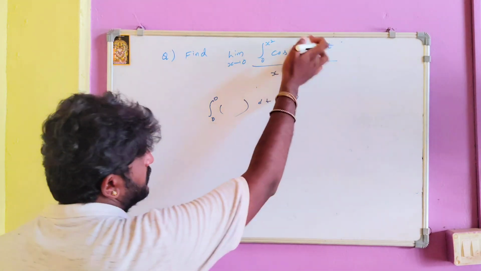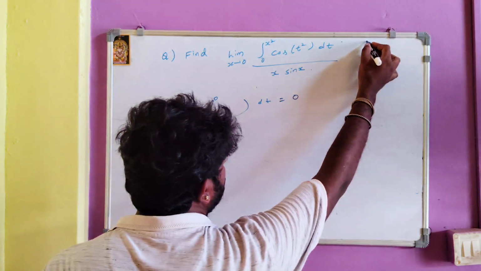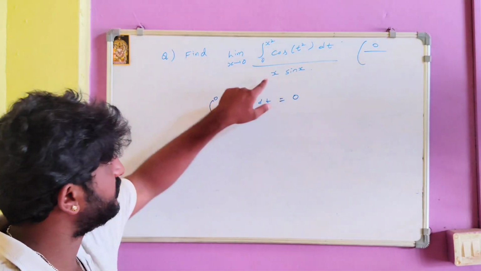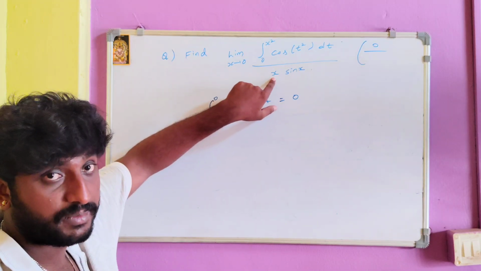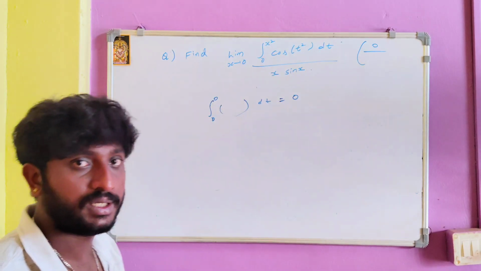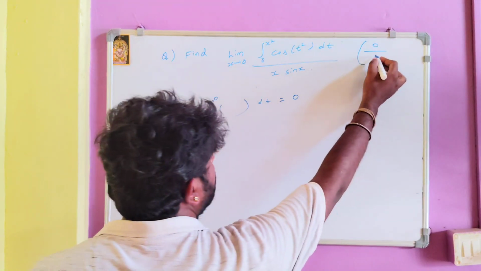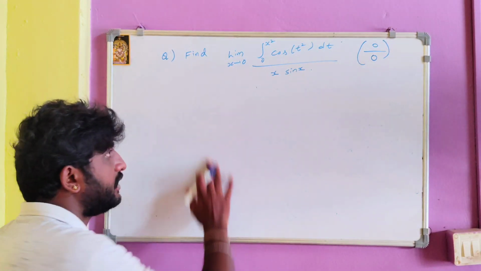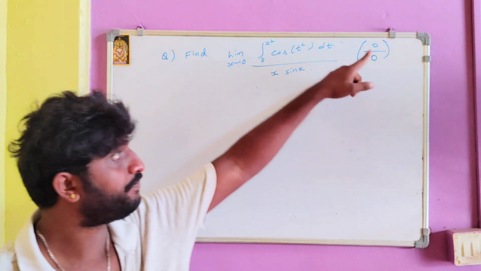That means this function is approaching 0, divided by, in place of x, if you substitute 0 in the denominator function, sin 0 is also 0. This is also approaching 0 only. This again gives 0 by 0 form.